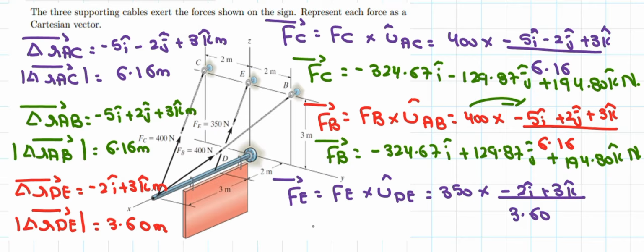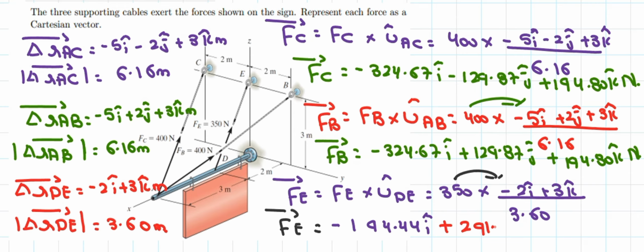Again, the vectorial form of FE is equal to multiplying 350 with negative 2 and dividing by 3.60. So you will get negative 0.44 I cap. Similarly, multiply 350 with positive 3 and divide by 3.60. So you will get positive 291.66 k cap Newton. Now, the question has been solved here and your concept too.